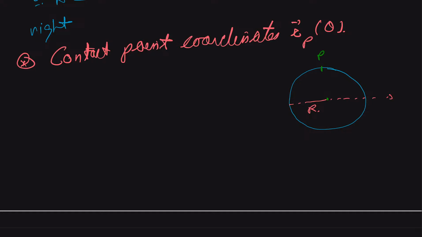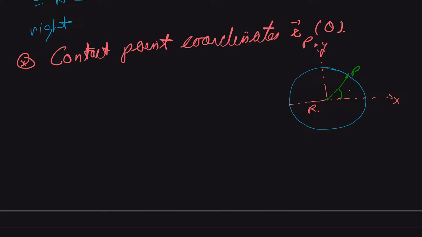This is our x-axis, and this is our y-axis, and let us suppose this point is somewhere here. Then we measure its position.